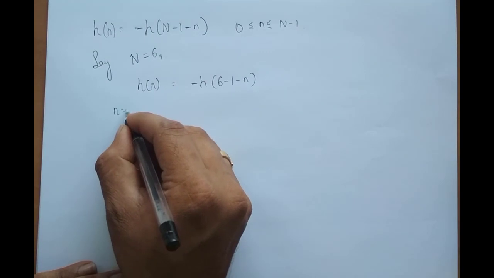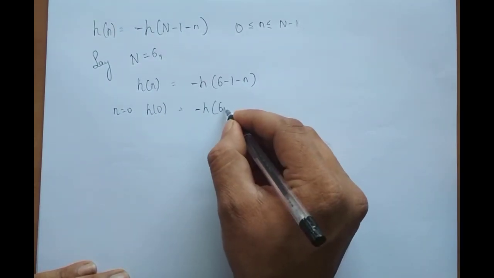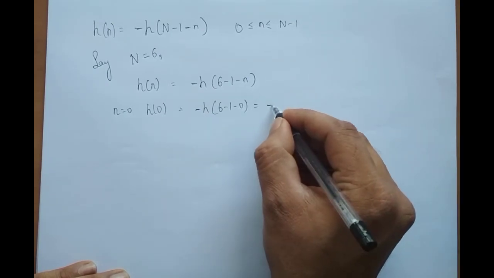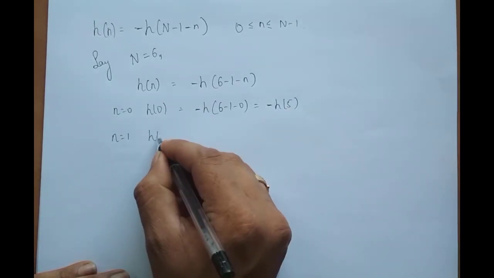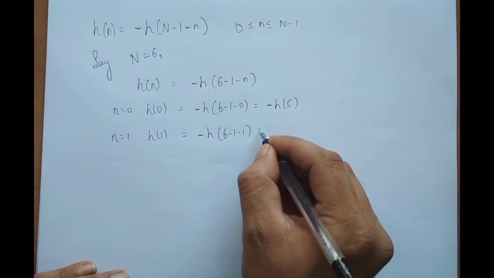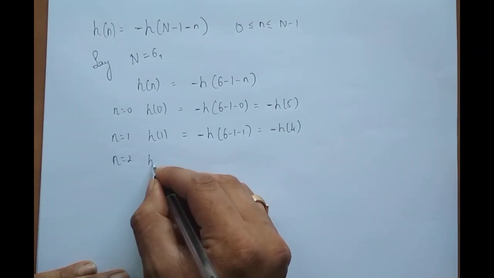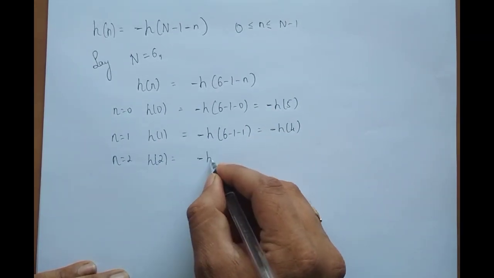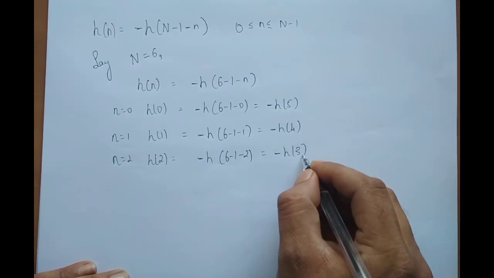If I put n equal to 0, h of 0 is equal to minus of h of 5. For n equal to 1, h of 1 is equal to minus of h of 4. For n equal to 2, h of 2 is equal to minus of h of 3.